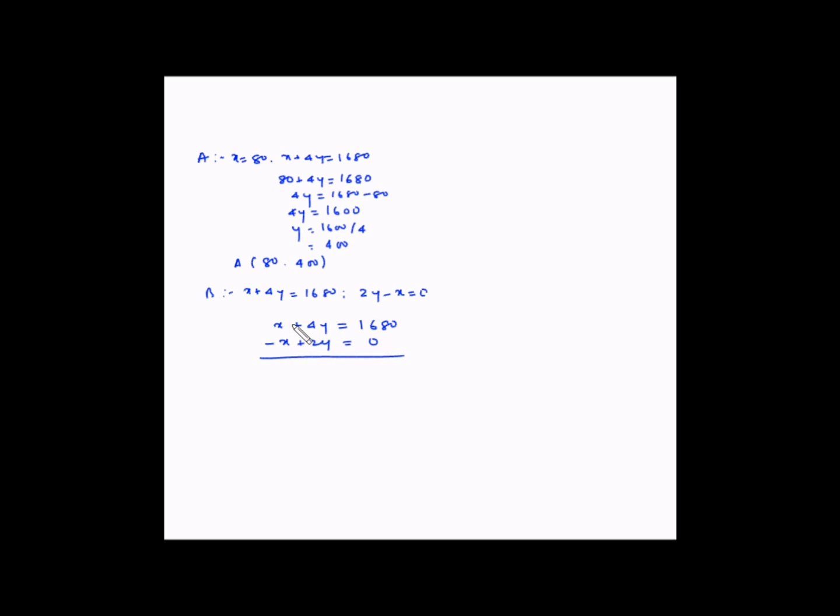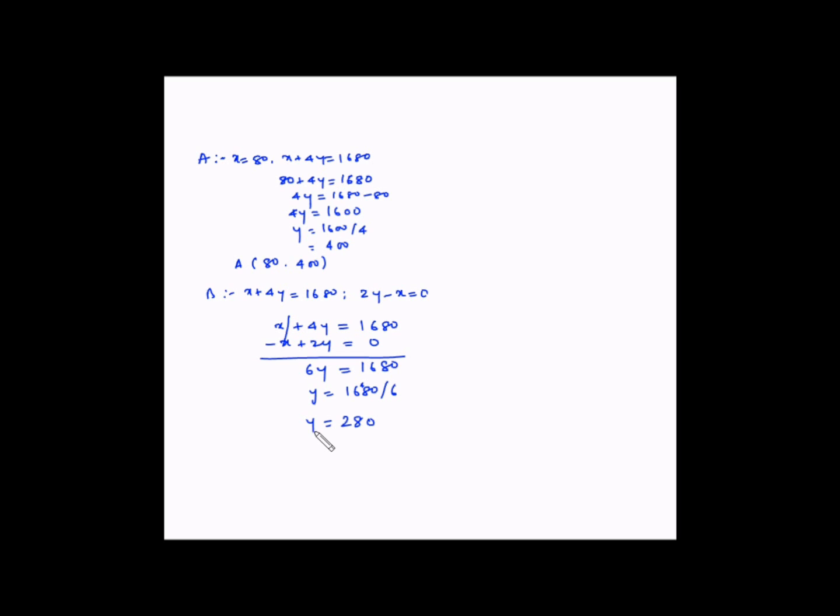So x minus x gets cancelled. 4 plus 2, 6y is equal to 1680 plus 0, so 1680. Y is equal to 1680 divided by 6. 6 2's are 12, so 16 minus 12 is 4, so 4 carry over. 6 8's are 48, so 8, and bringing this 0 down, so y is equal to 280.